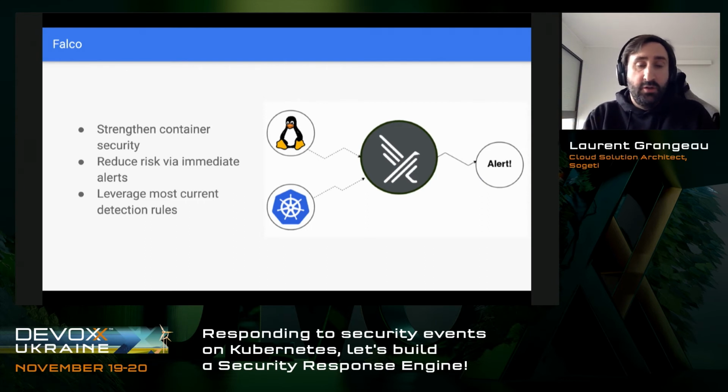And of course, you can leverage the most current detection rules. It's around, I think, 100 rules at the moment, and these are the most common rules for when we are hacked.